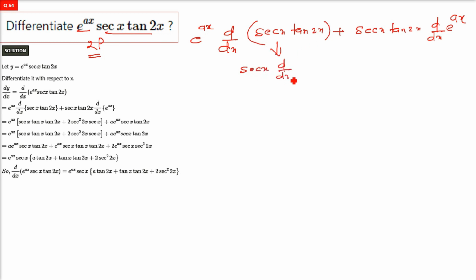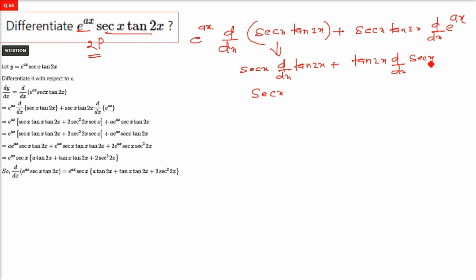So sec x d by dx of tan 2x plus tan 2x d by dx of sec x. Okay, so this is going to be sec x. Tan 2x, you know that the differentiation of tan theta is sec square theta. So just write it as sec square 2x.